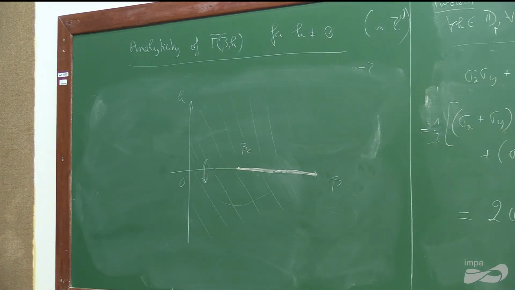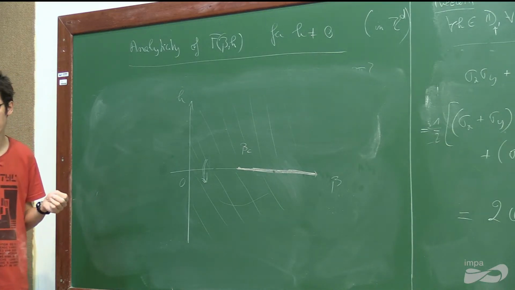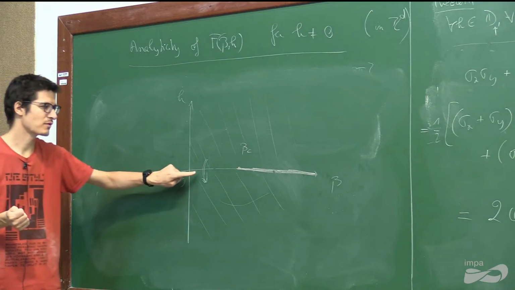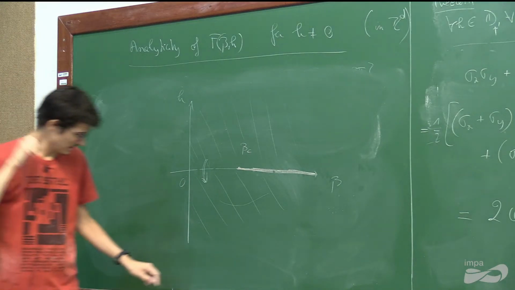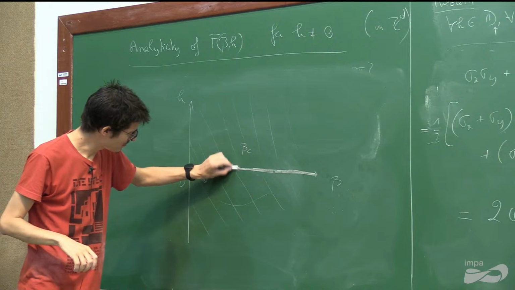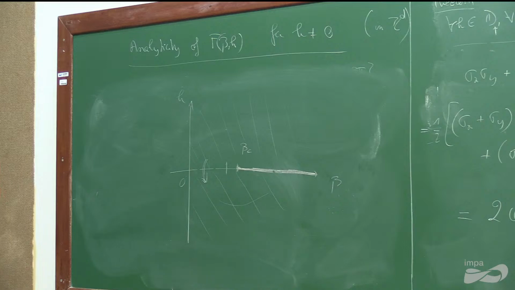What we did, the high temperature expansion we did, if you do it the hard way, I think from this you can extract analyticity in H around 0. I'm not sure if people can do it in all dimensions. My hint would be that probably people can do it in dimension 2 and not in higher dimension.